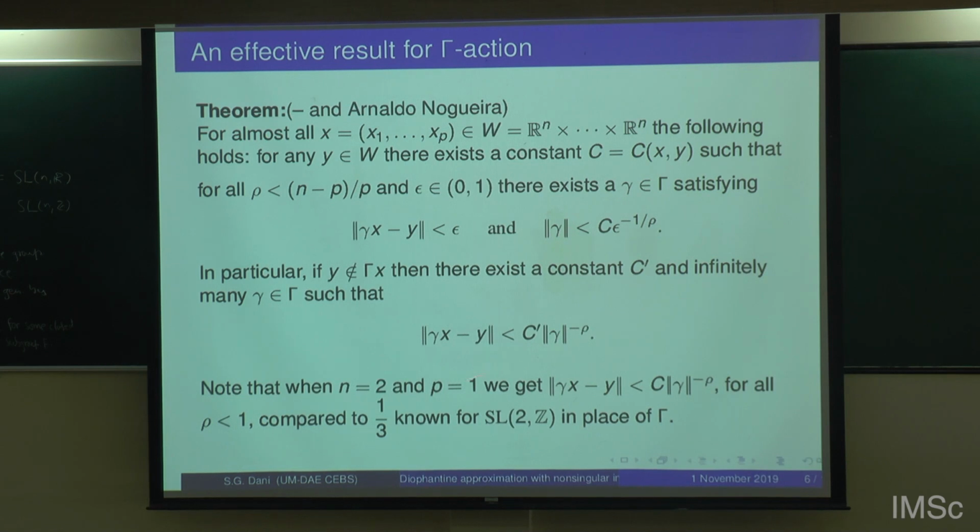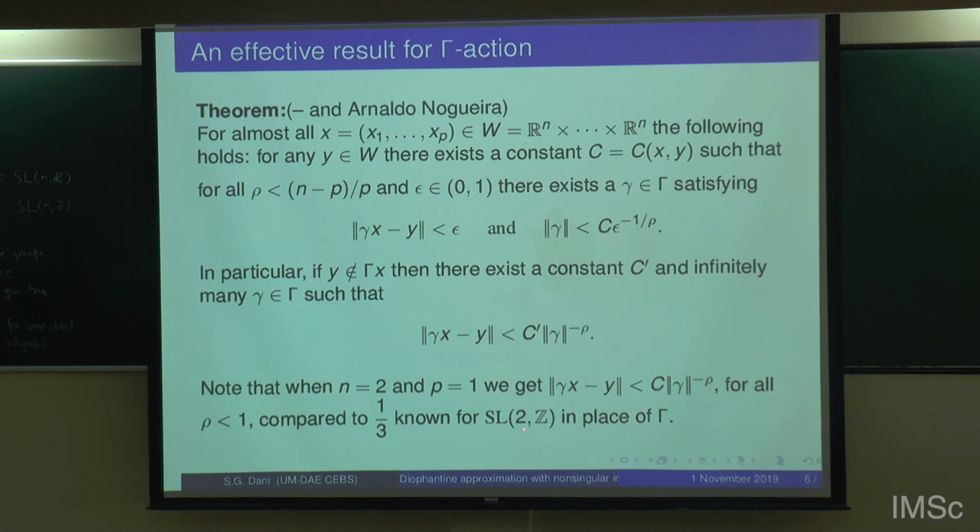Maybe I already said it. In the case when n equal to 2, for any rho less than 1, you can have this condition satisfied, and you can compare it with the SL2Z case where we could say it only for 1/3 instead of 1/2.